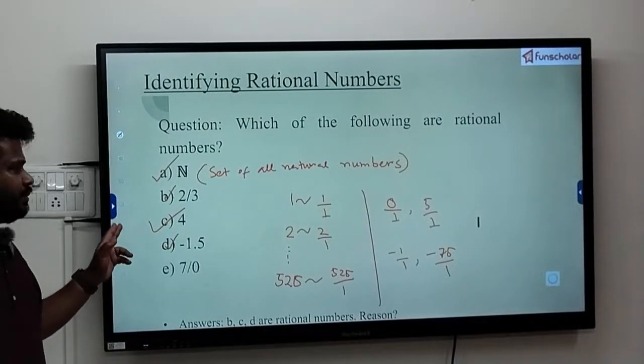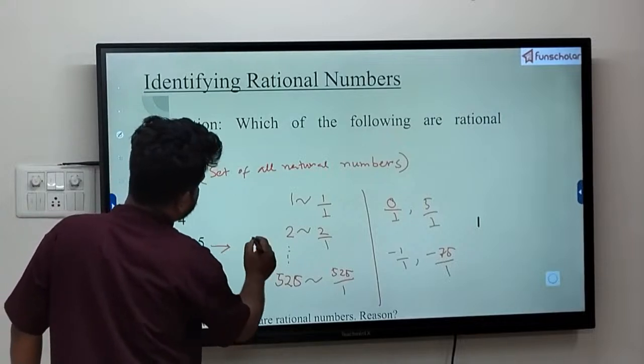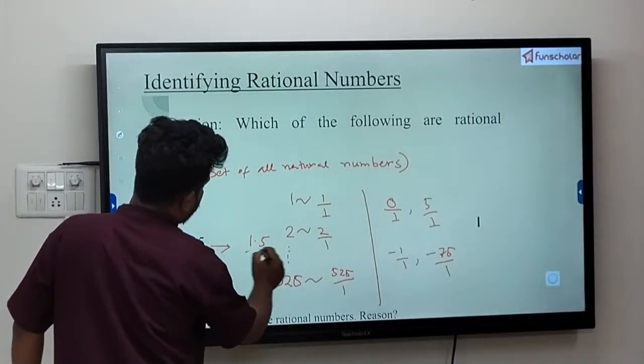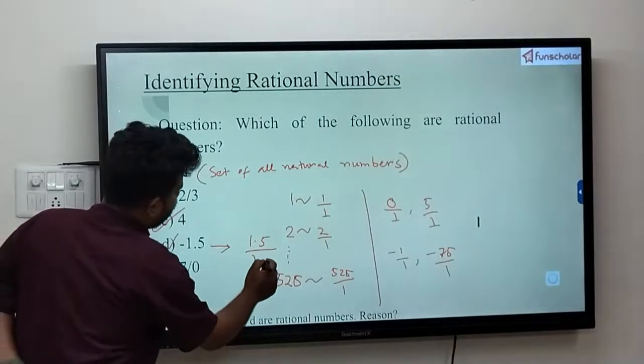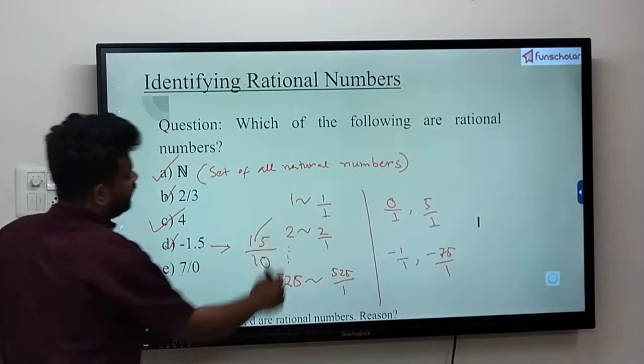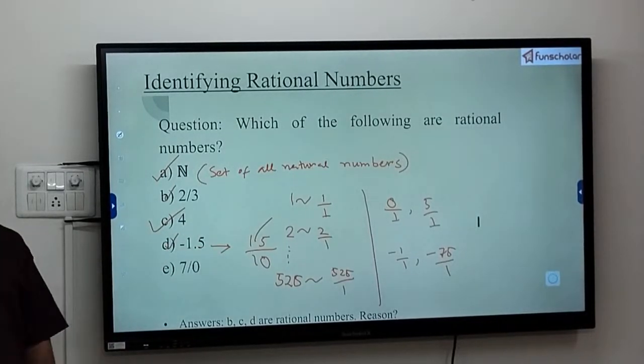Maybe it will be a little bit different. Just like 1.4 can be expressed as 1.4. What can we do to remove the decimal? 15 by 10. Okay, we will omit the point itself. So that will be 15 by 10, and then what can we do?